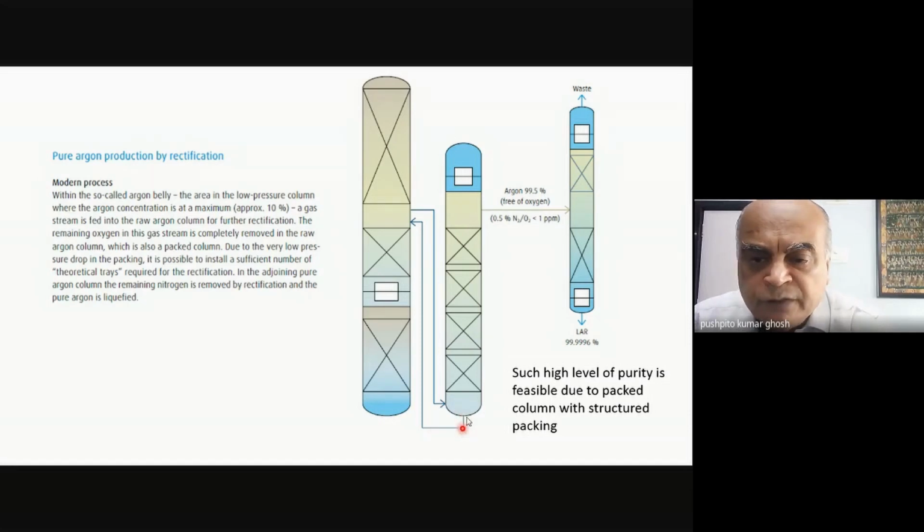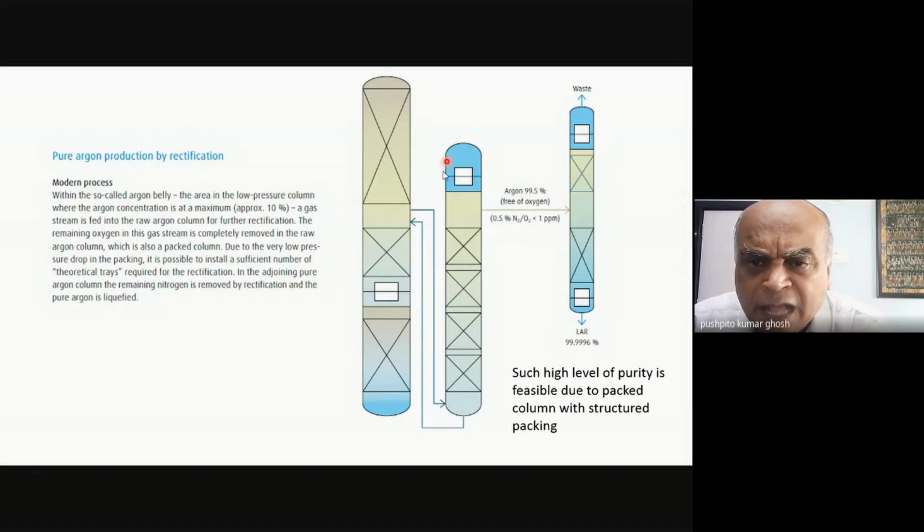So the oxygen which is coming out over here at the bottom, because oxygen has still a higher boiling point than argon, will be at the bottom. So this oxygen is again being fed back into this column, and the argon will be largely free of oxygen, but there will also be some amount of nitrogen vapors which would have come into this column.